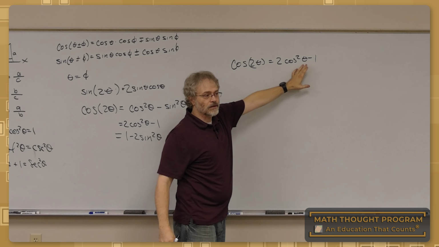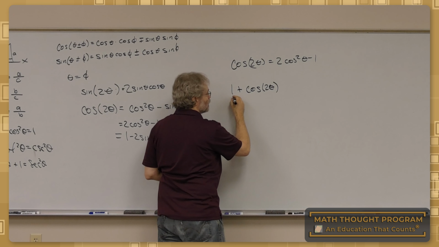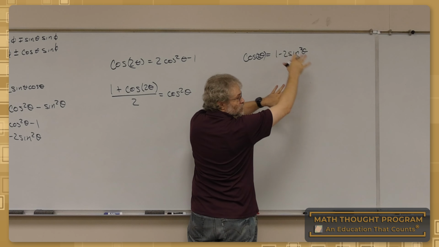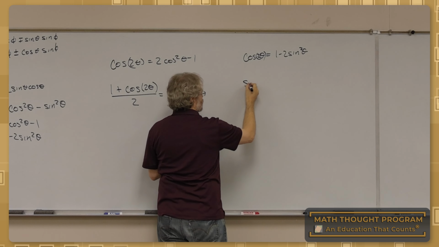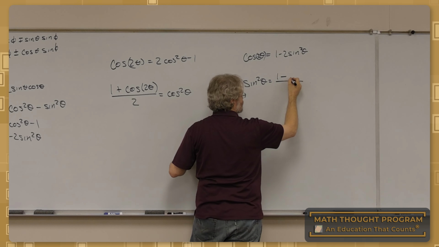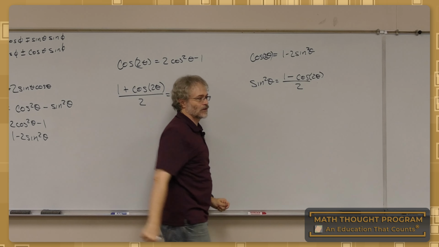I could take the 1, move it to the other side, and then divide both sides by 2. I can move some things around here as well. We'll have sine squared theta equals 1 minus cosine 2 theta over 2.